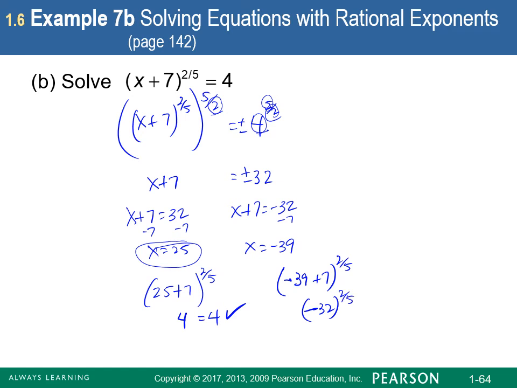And again, you can type that into your calculator. The fifth root of negative 32 comes out to be a negative 2, and negative 2 squared comes out to be positive 4. That one likewise works.